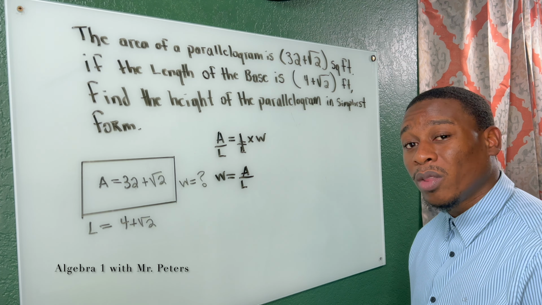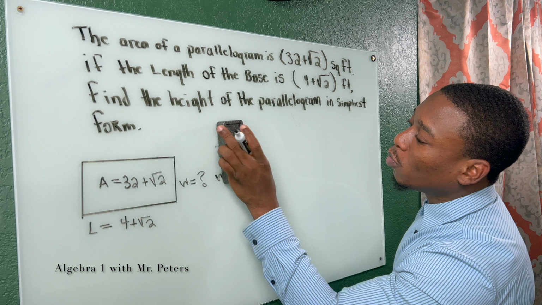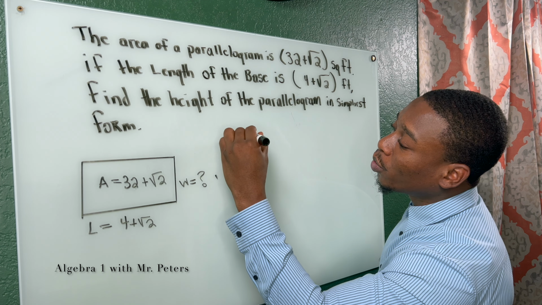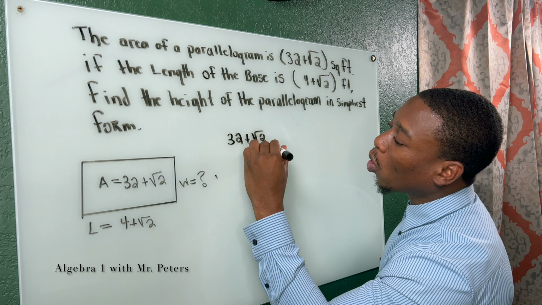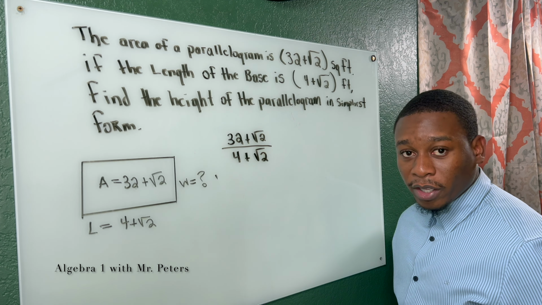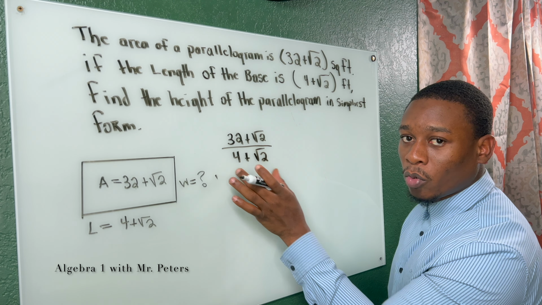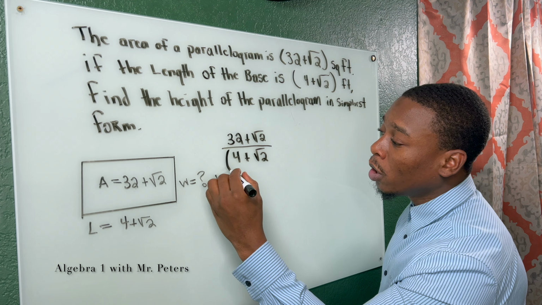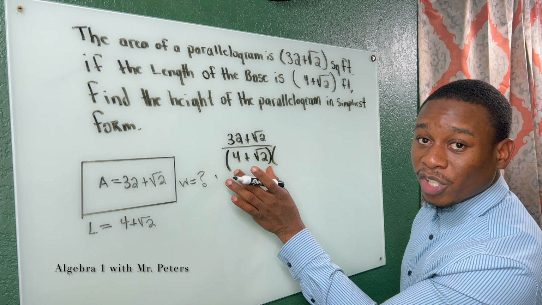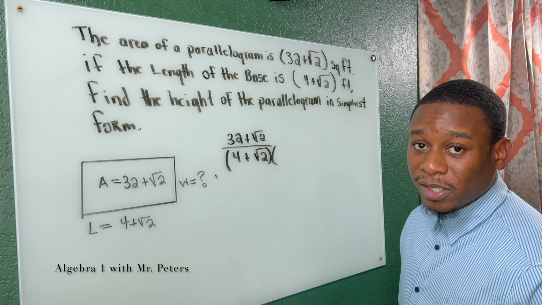So when I set this problem up now, right, let's just erase to get some more space. When I set this problem up, we have 32 plus radical 2 all over 4 plus radical 2. Now the issue is radical in the bottom, we have a binomial expression, so we have to find the conjugate, and you guys know it's the same expression with just the opposite sign.